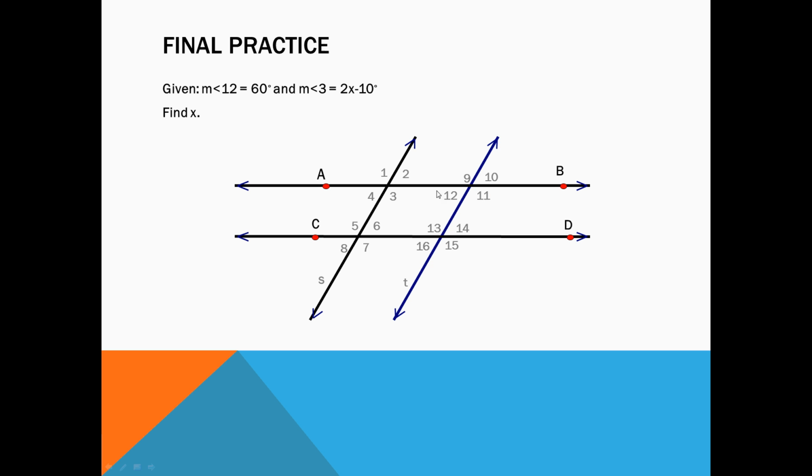So this 60 degrees from angle 12 plus 2x minus 10 must equal 180. If we solve the equation, you should get that 2x is equal to 130, and that makes x equal to 65 degrees. So the measure of angle 3, if we plug 65 back in, would be equal to 120 degrees.